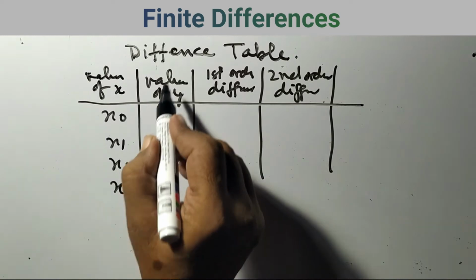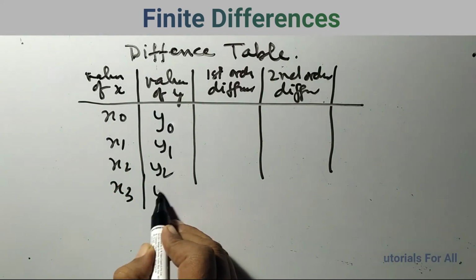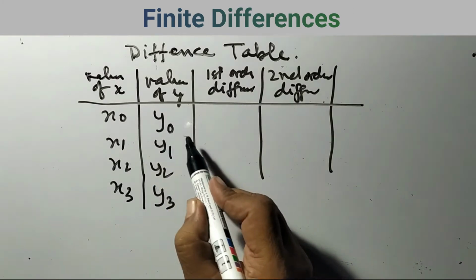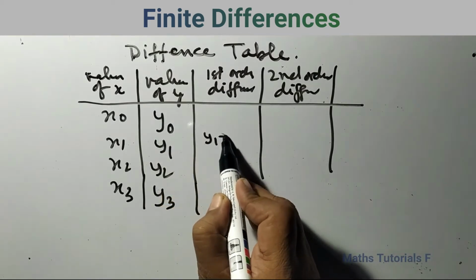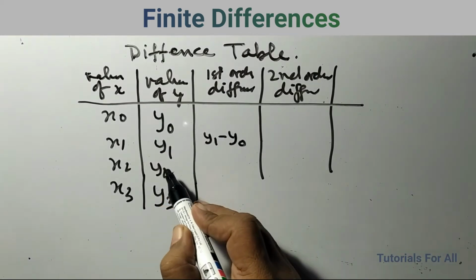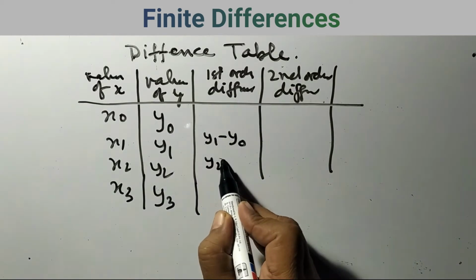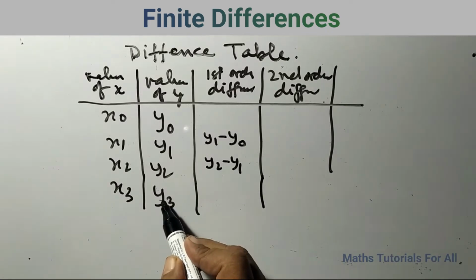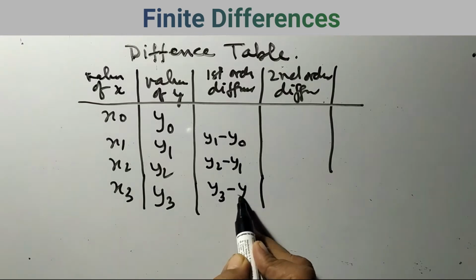Its corresponding values of y are y0, y1, y2, y3. The first order difference, that means y1 minus y0, is written in the middle position of these two quantities. Then the first order difference of y2 and y1 is y2 minus y1. And in this case, the first order difference is y3 minus y2.